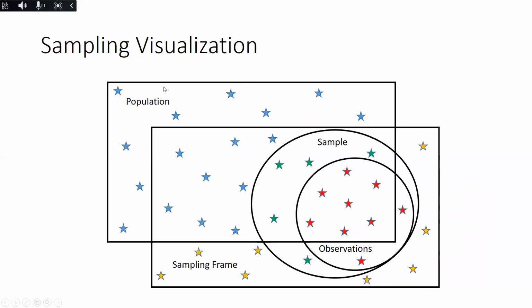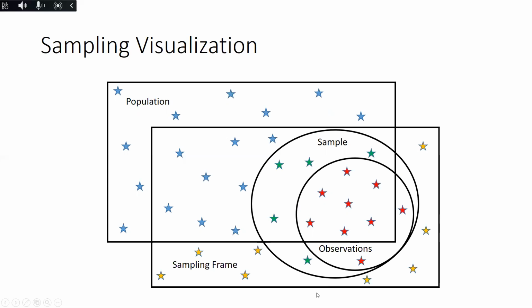And then you also might have some people who are in the actual population. These might be voters or citizens, for example, who've moved in and haven't yet registered to vote. So they are in your target population, but they're not in your sampling frame. So this rectangle down here represents our sampling frame. And there's some mismatch between that and the population. Now within that, we're going to choose a sample.